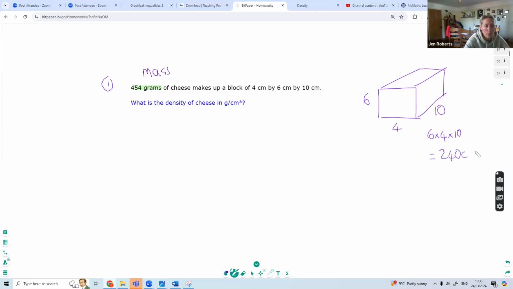So we now have a volume and we have a mass. Just check our units all the time. That's in grams, that's fine. That's in centimetres cubed, that's fine. So 454 divided by 240 gives us 1.89 grams per centimetre cubed.